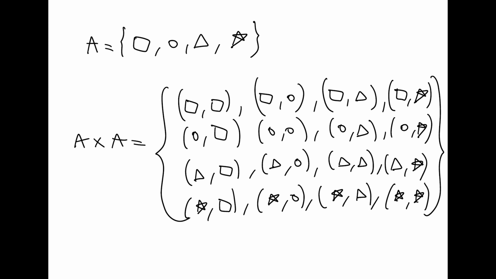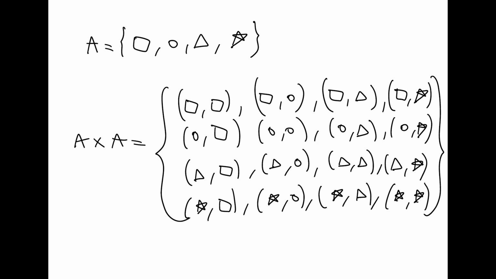So for example, I can take a square and a circle, but I also can take a square and a square, or a circle and a circle. And here it's very important to remember to keep the order.